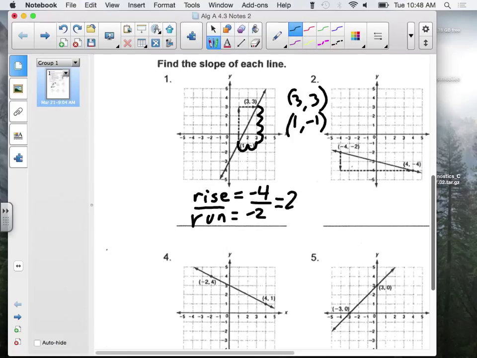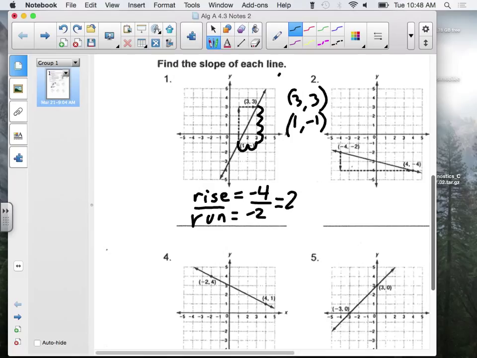Yes, Claire? I don't get where you're getting these negatives from. We started at point (3, 3). We could start at either of them, but for now we're doing this one.